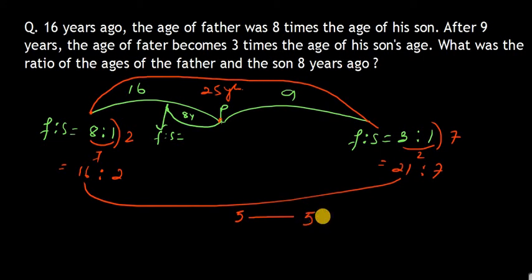So if 5 units is equal to 25 years, then 1 unit is 5 years. So father's age is 5 6 is 30, 5 5 is 25, and 5 8.